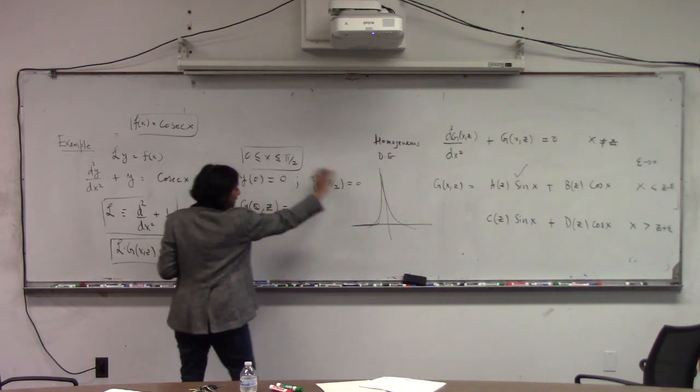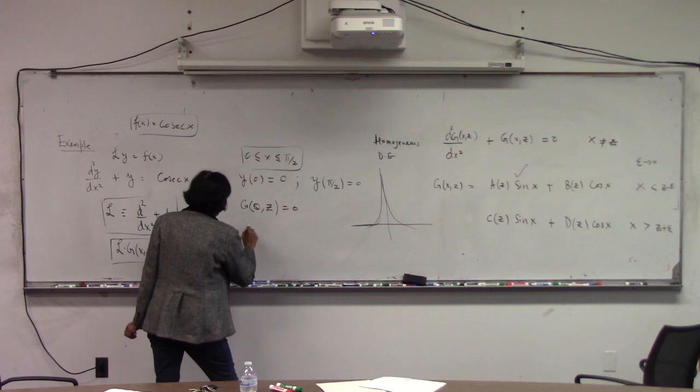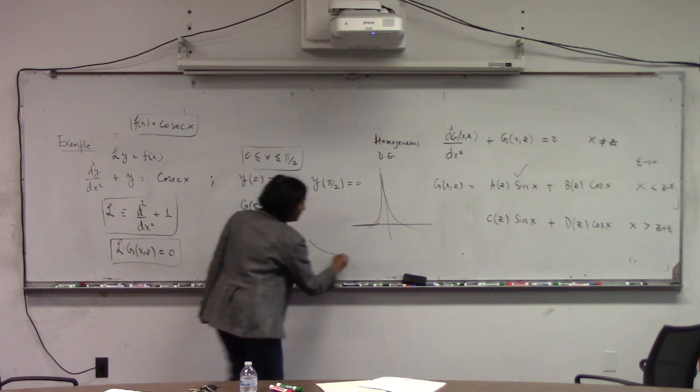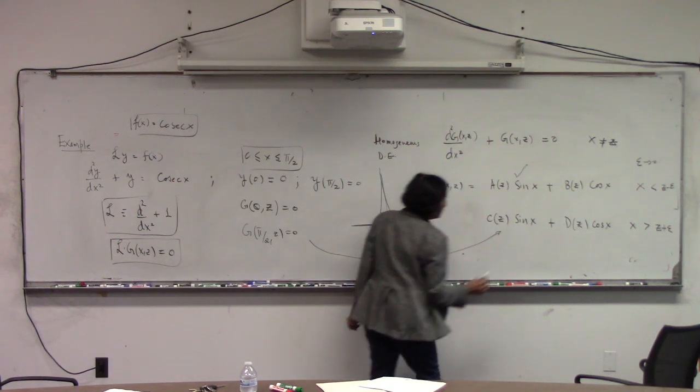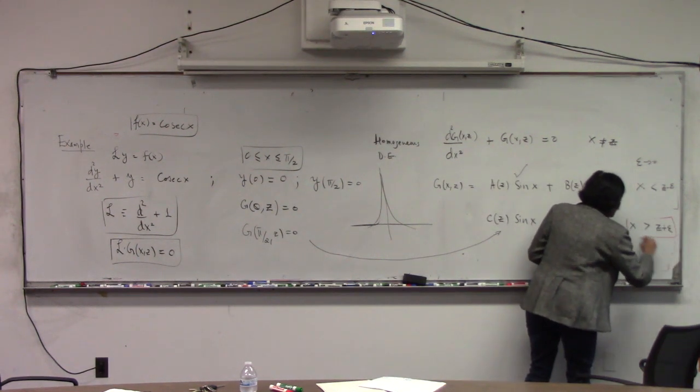The other one is at the other end of the domain, right? So I'm going to use g of pi over 2 comma z equal to 0. I'm going to apply it to this second form of the boundary condition because that is the functional form I'm proposing for above the discontinuity point.